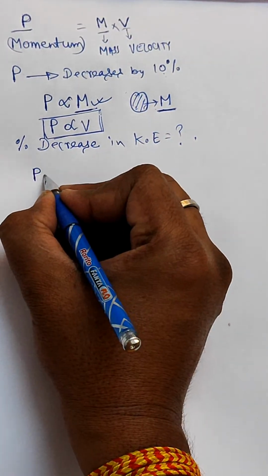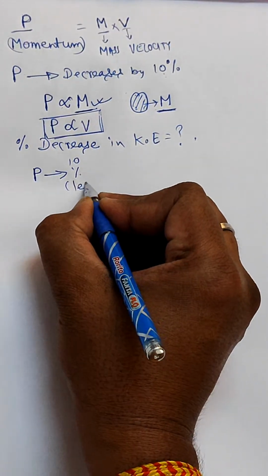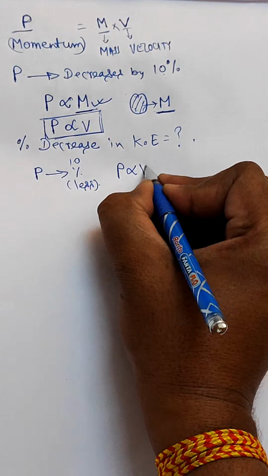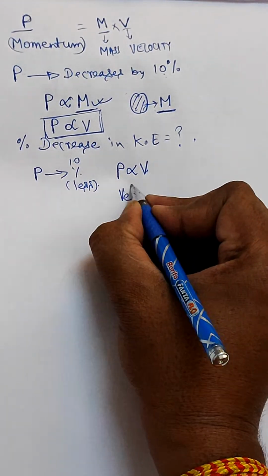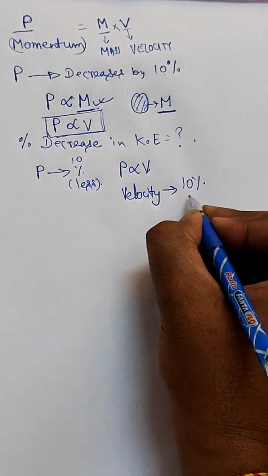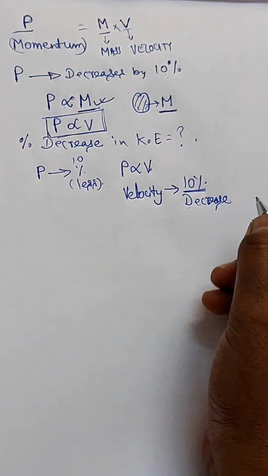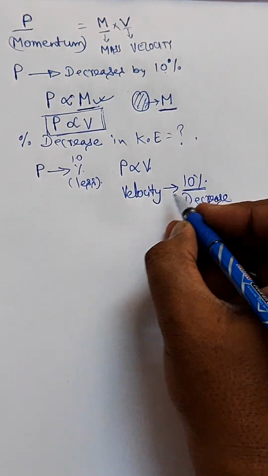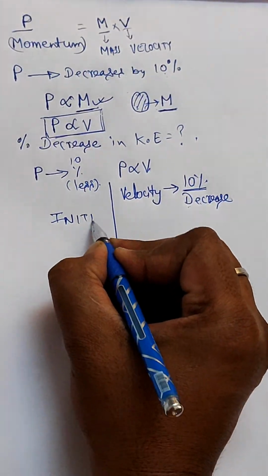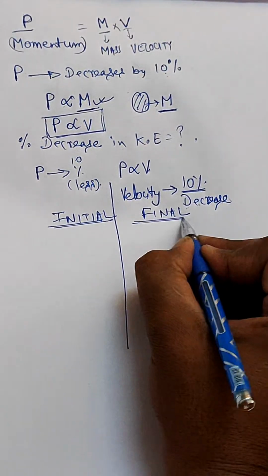So if P decreases by 10%, if P is 10% less, then since P is proportional to velocity, the velocity of that particular body also decreases by 10%, isn't it? This also decreases by 10%, right? So with this condition, let's say this is the initial condition and this is the final condition, that means the second stage, right?